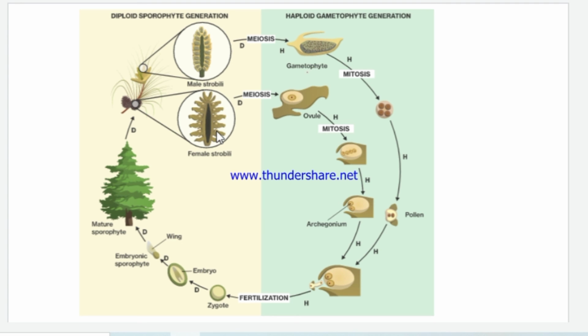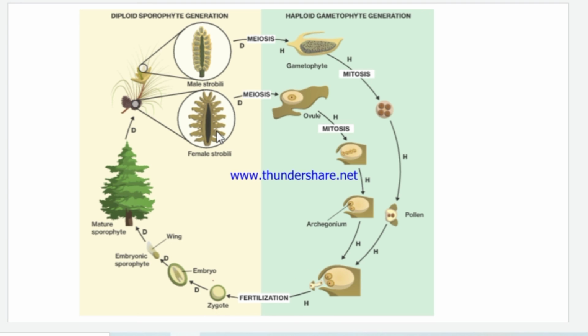So, the gametophytes undergo mitosis and produce the archegonium and pollen grains. The archegonium harbors one or two egg cells. Now, the pollen and the egg cell fuse to form the zygote.